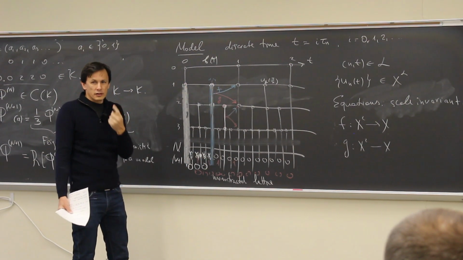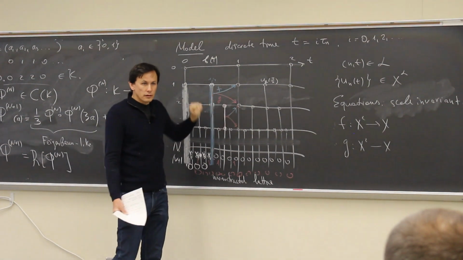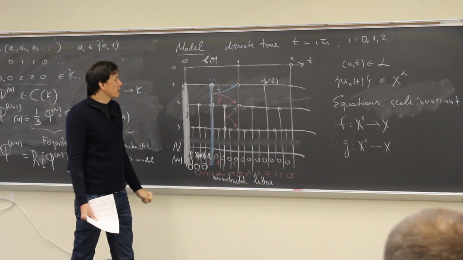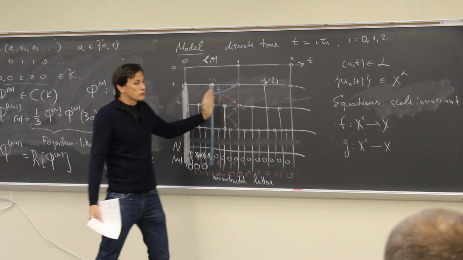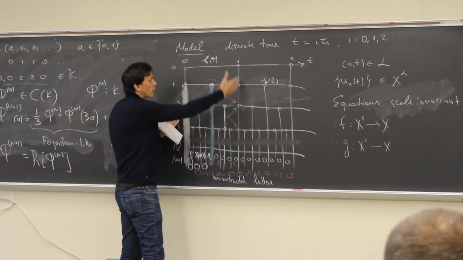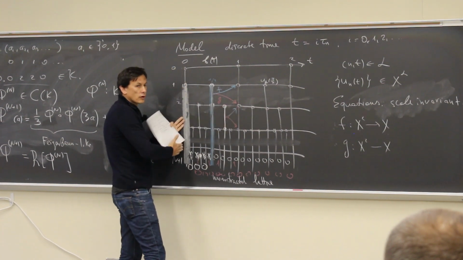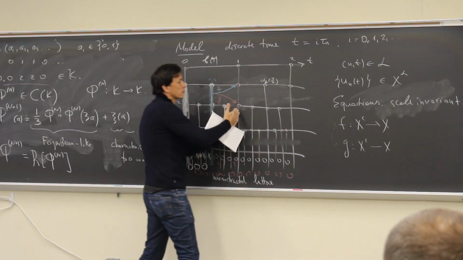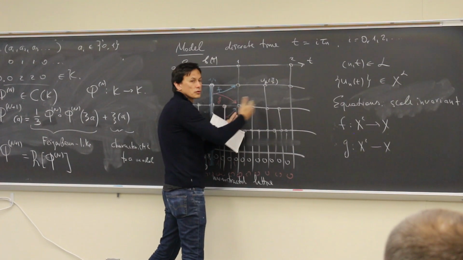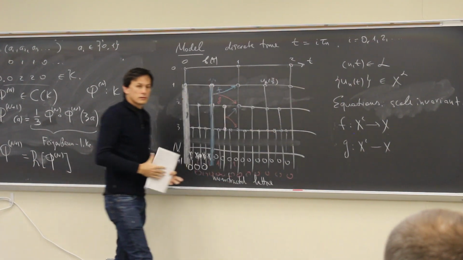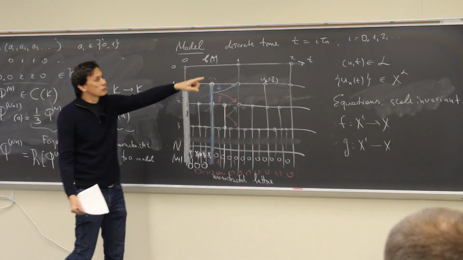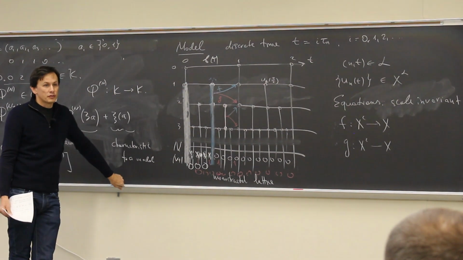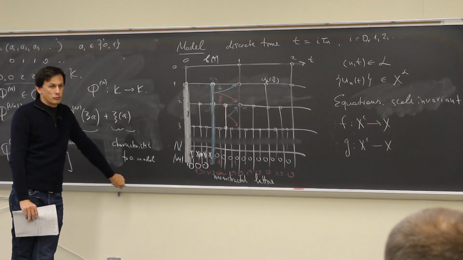It will not be one selected; it will be many different randomly selected weak solutions. And the distribution of these selected solutions has the form of a Markov process. So what happens here depends on what was initially. Then the next step is also conditioned on what happened here, and so on. And this Markov process can be explicitly written in terms of the limiting map, the limiting kernel. So that can be proved.